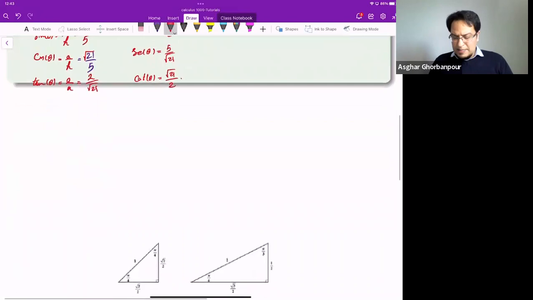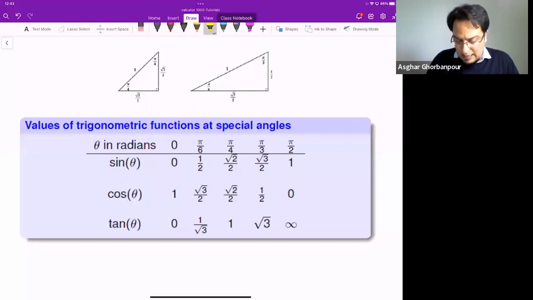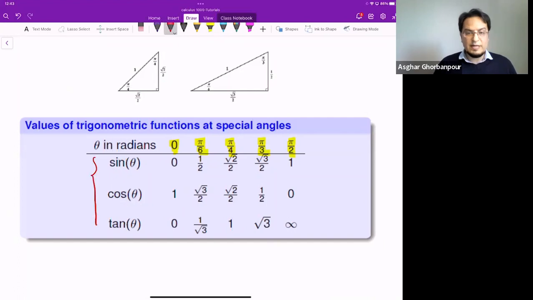Well, some specific values are important for us. Out of these, there are 4 or 5 important ones, and you have to know these values. The trig ratios for these 5 we call special angles. There are different ways to memorize them. Most of the time, you will see me only covering sine, cosine, tan.